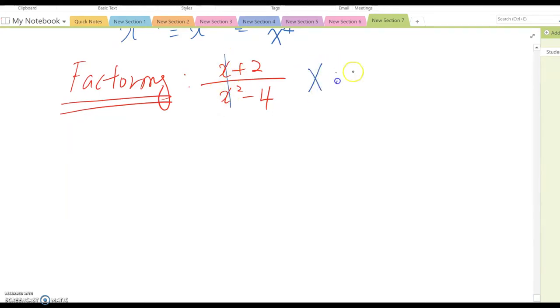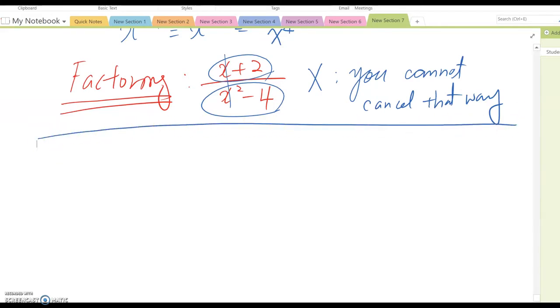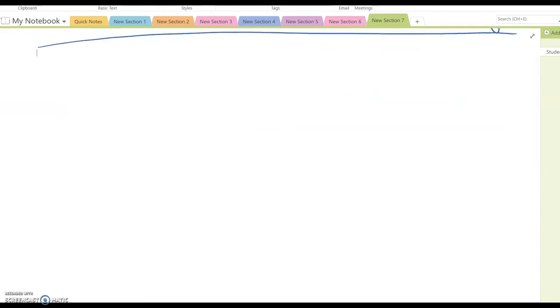No way, you cannot cancel that way. Now you need to make each part a monomial. So far they're all binomials, right? So you need to make a monomial, which means putting into parentheses and making a multiplying form here.